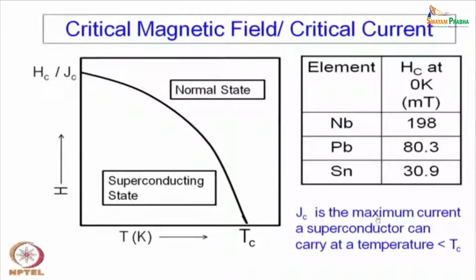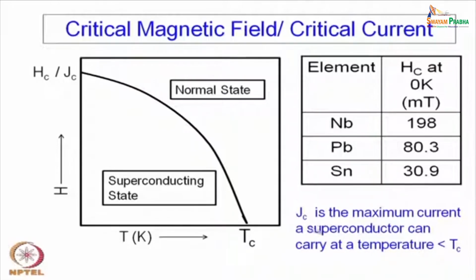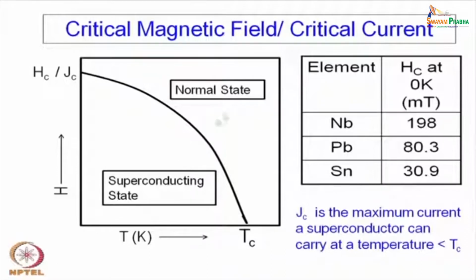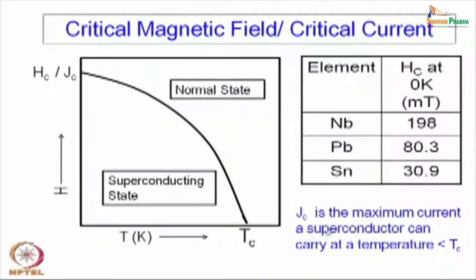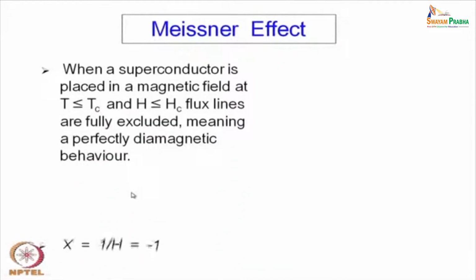So, that is the maximum current a superconductor can carry without changing over from the superconducting state to the normal state. If the current is more than this value, the superconductivity is lost. So, there is a relationship between temperature, magnetic field as well as the current it can carry.